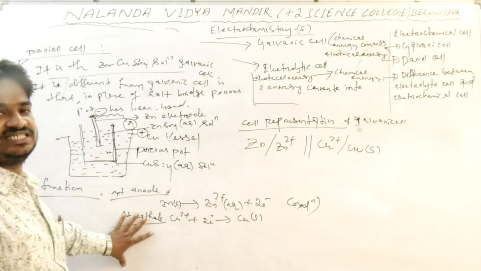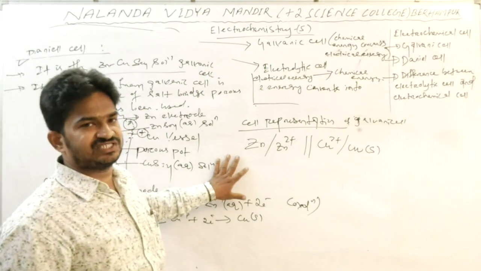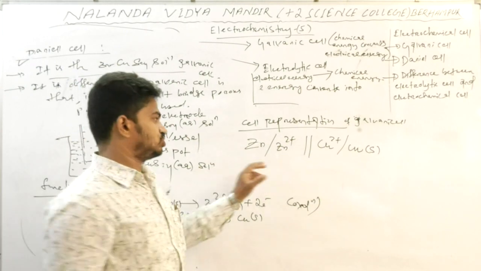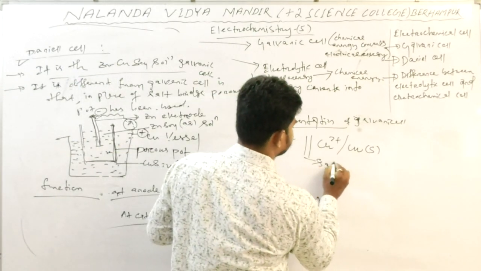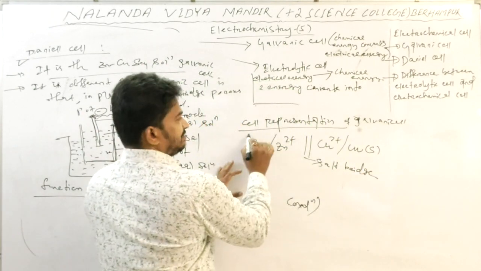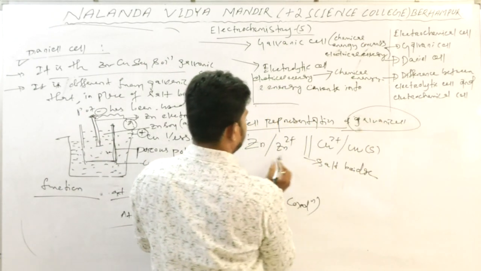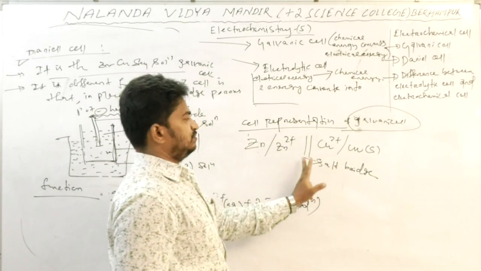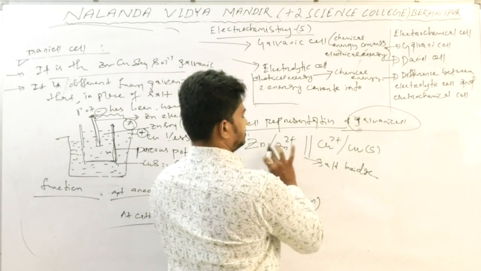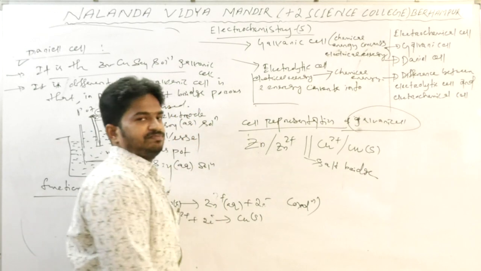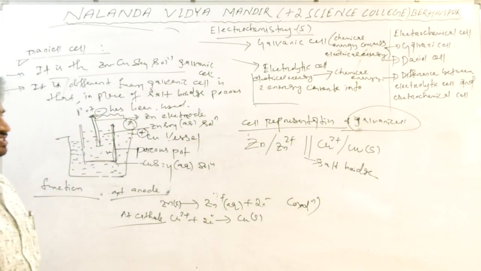But both the cell representations will be zinc to zinc 2 plus ion, salt bridge, which neutralizes both half cells, then copper 2 plus ion converting into copper. So these are all about the Daniell cell.